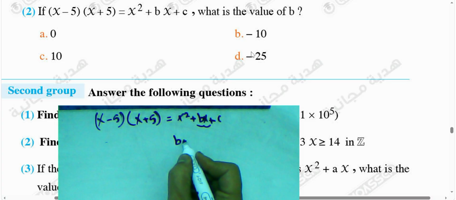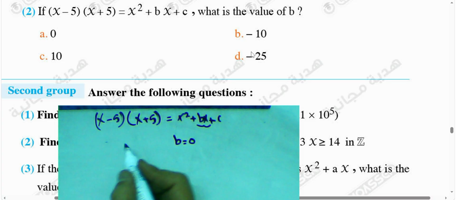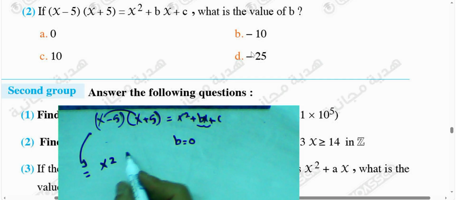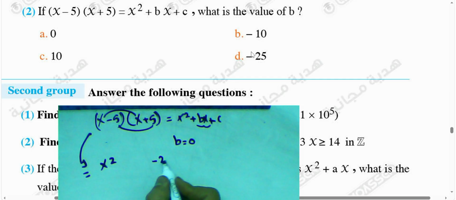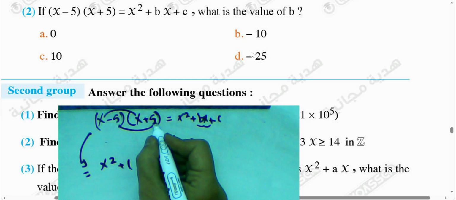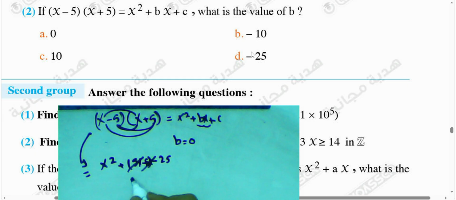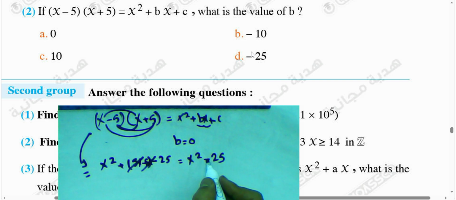If we multiply x times x, we get x power 2, and 5 times negative 5 is negative 25. The product of the extremes is 5x and the product of the means is negative 5x. We can cancel them together. So the result will be x power 2 minus 25. That means the value of b equals 0. So if we multiply two conjugate terms, the middle term of the resulting expression will be 0. Okay?